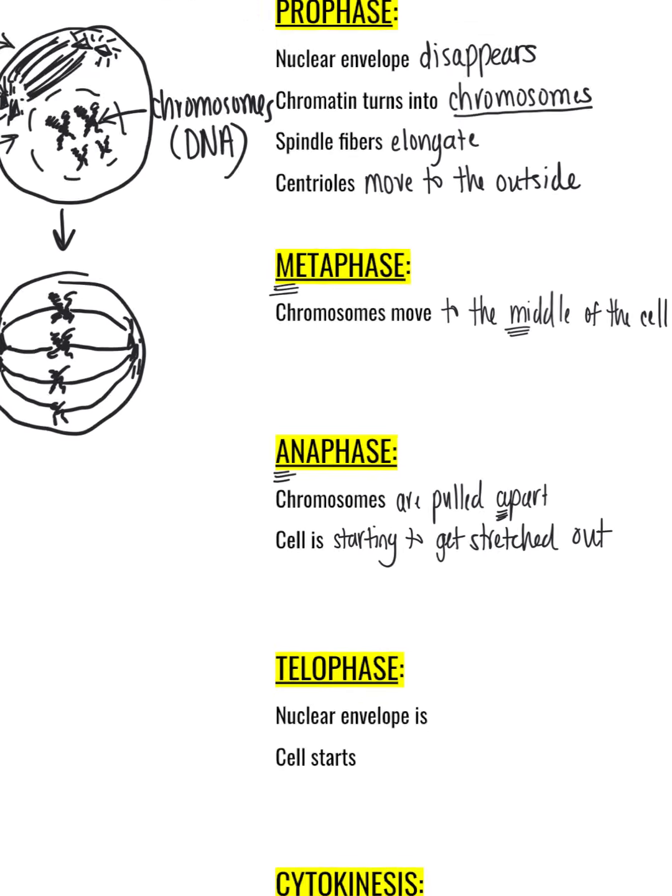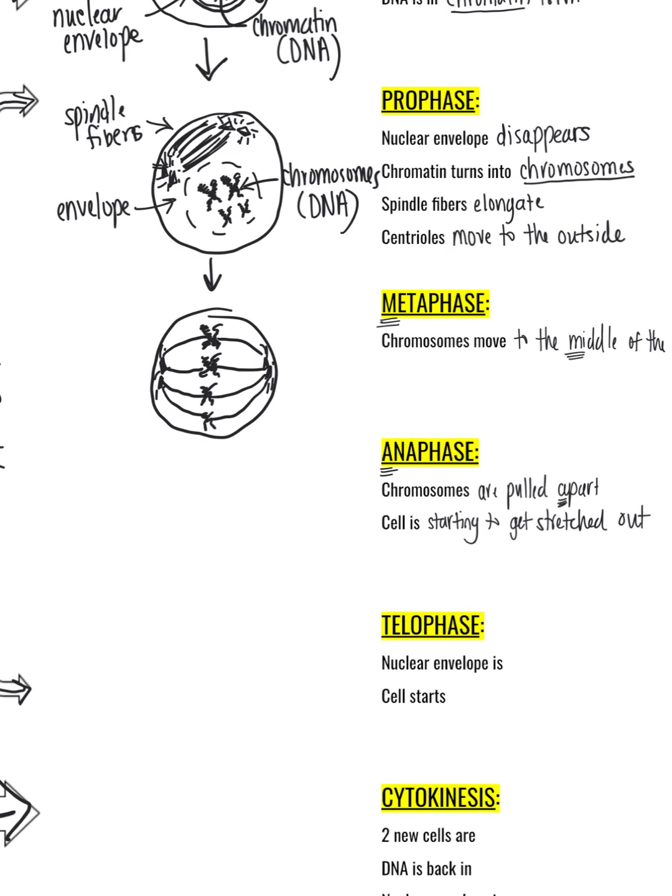Okay, I'm going to draw another arrow. And again, instead of making the cell look more circular, I'm going to make it look more oval. So you can start to see the cell, these centrioles, the cell is starting to move apart and starting to form those two cells.